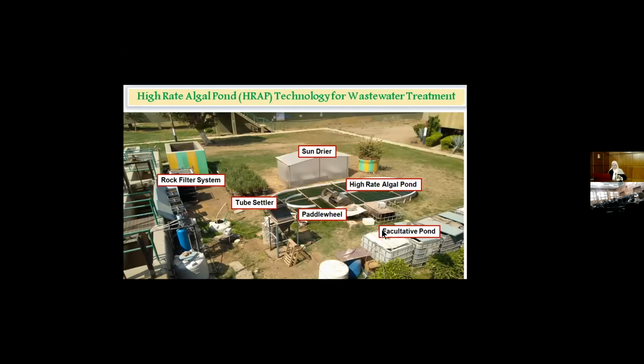Then the upstream is fed to the high-rate algal pond, and after a certain retention time, it moves continuously to the settlers or the rock filter system to filter the water and get the algae. The rock filter has been upgraded by Dr. Ahmed Shaban's team to use the membrane technology here.